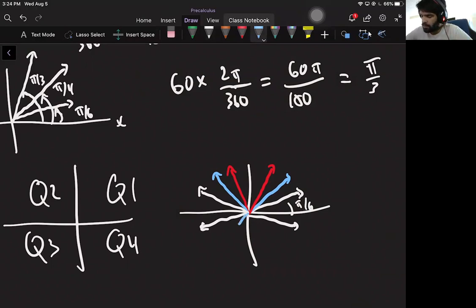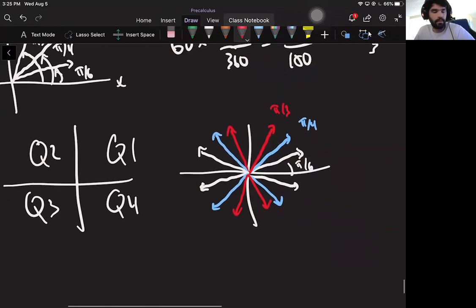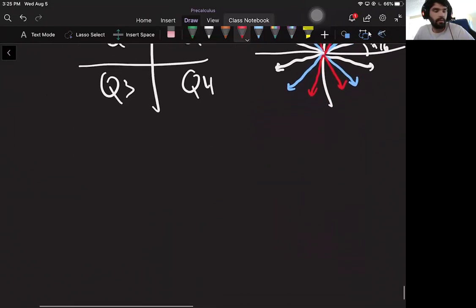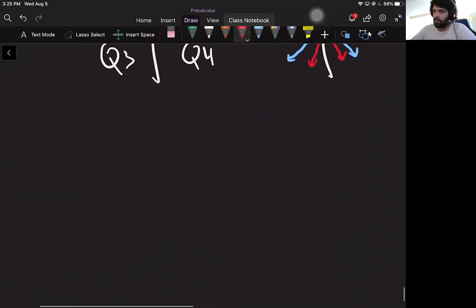All the blue ones correspond to 45 degrees, aka pi over 4. And all the red ones correspond to pi over 3, aka 60 degrees. But that is something for next time. We'll be using them a lot, so keep it in mind, but don't worry, I'll go over it when we need it. But for now, what we're going to do is draw some triangles.